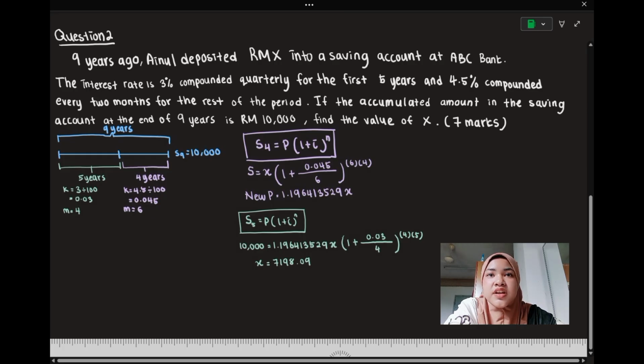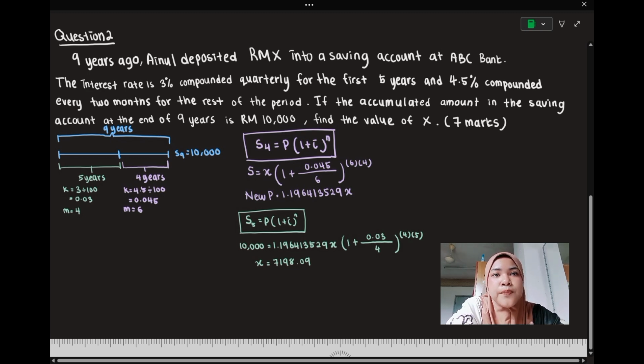So here we make a chart. In the first 5 years, the K is 3% and the M is 4 times. And for the last 4 years, the K is 4.5% and the M is 6 times. First thing first, we calculate the amount from the back, which is S4.